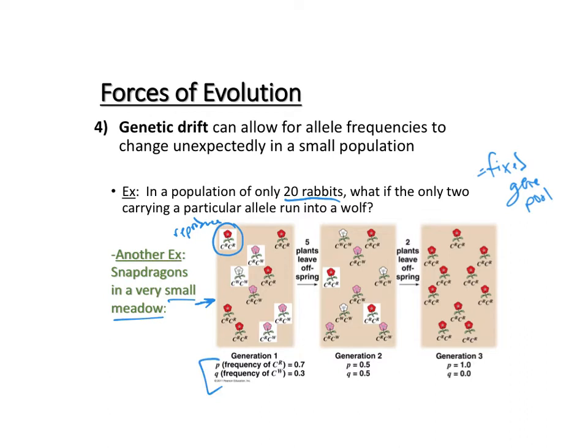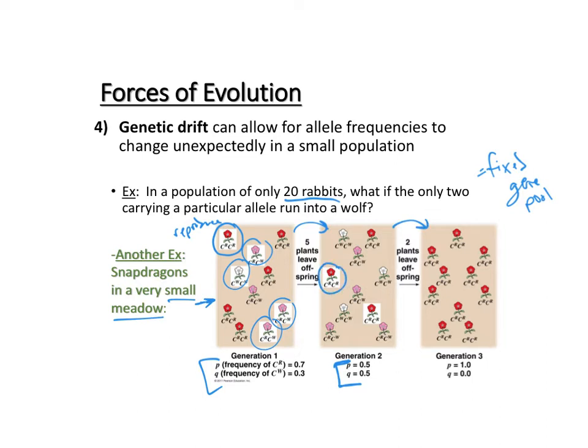We've got a P of 0.7, so certainly a more common red allele, and we've got a Q of 0.3. In the next generation, this is really sporadic, right? P and Q become equal at 0.5 because if only these 5 plants reproduce, it's going to change our overall dynamic a little bit.